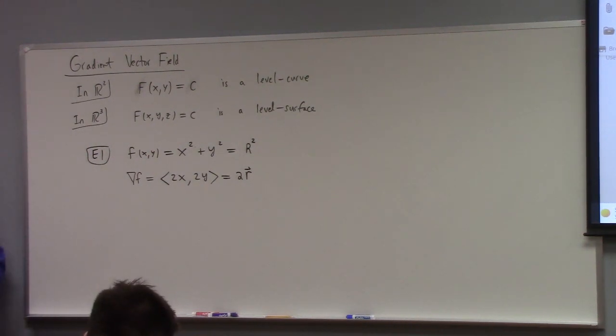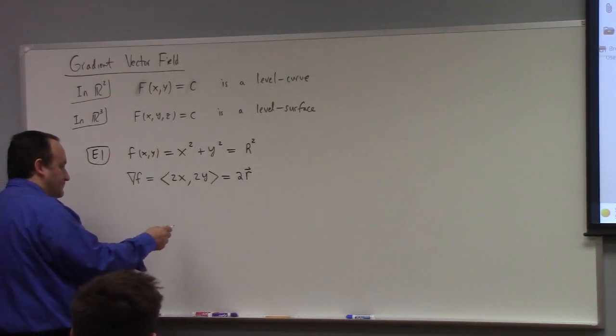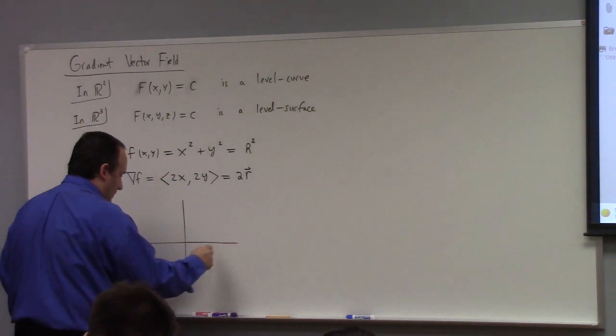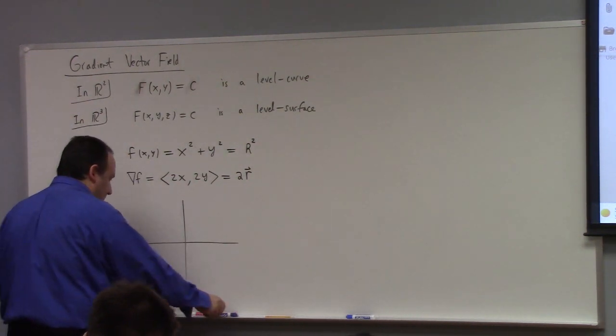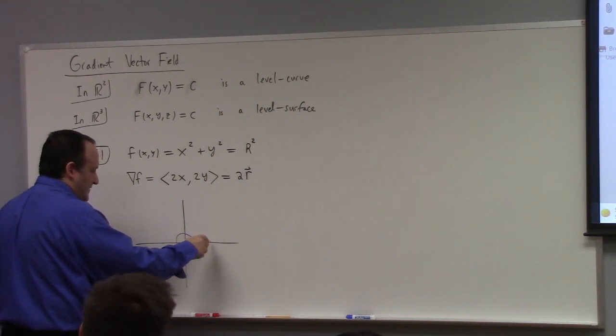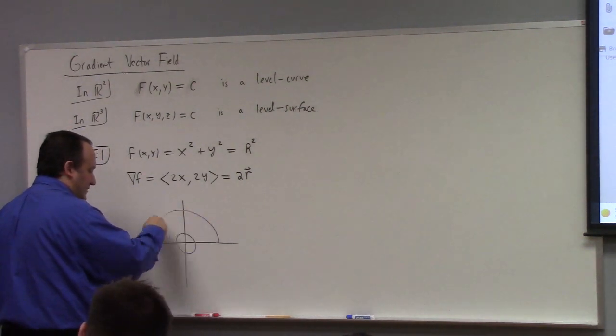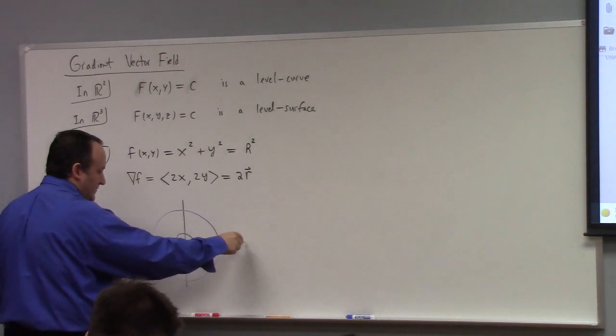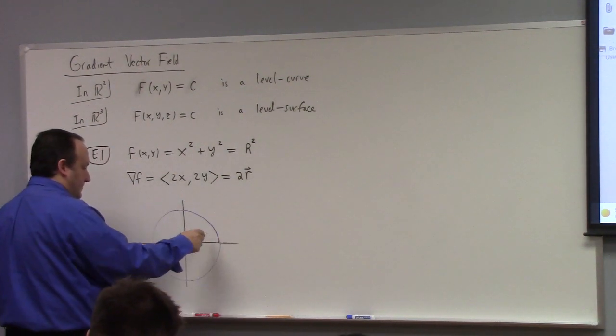If I use my usual notation of r for x comma y, then we can draw some level curves, right? They're just like that, right?